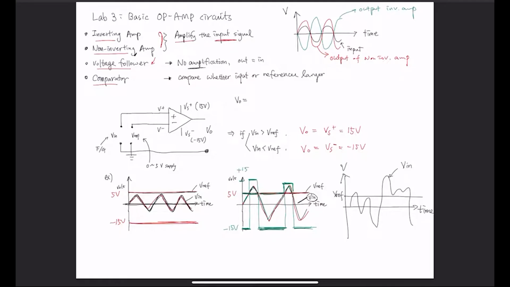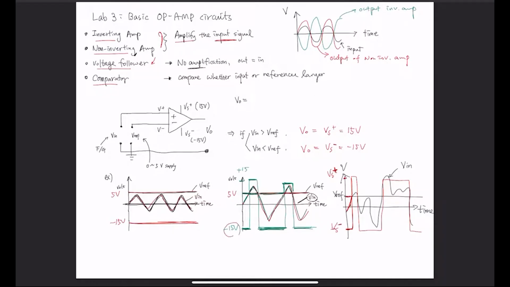And then your output may look like this. So here your input is above the reference, so your output is pointing at Vs positive. And for this time your input is smaller than the reference, so it is going to be Vs negative.